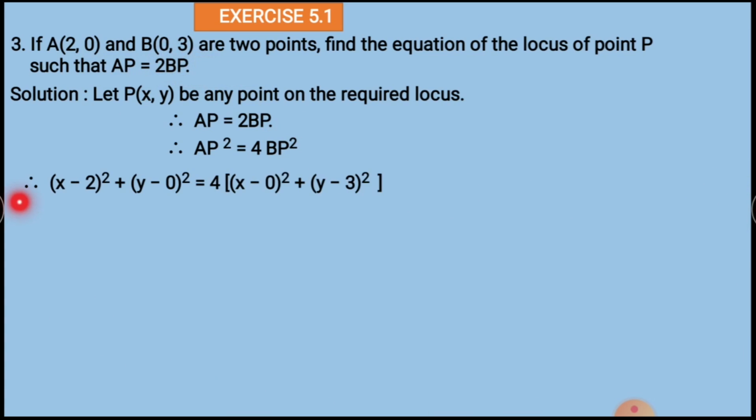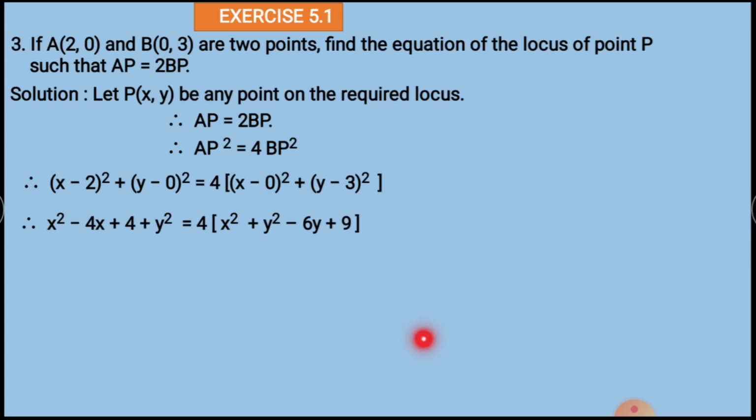So we write the value of AP square as (x minus 2) bracket square plus (y minus 0) bracket square equals 4 in bracket. So this 4 is multiplied with BP square, so we use a square bracket. Then by using the distance formula we write (x minus 0) bracket square plus (y minus 3) bracket square.